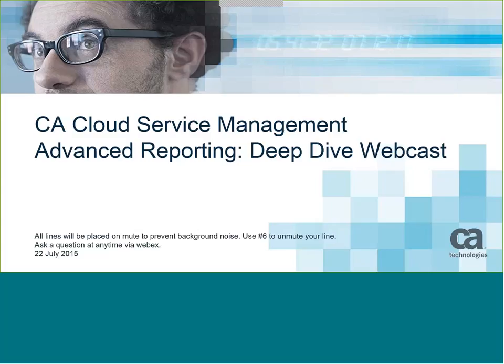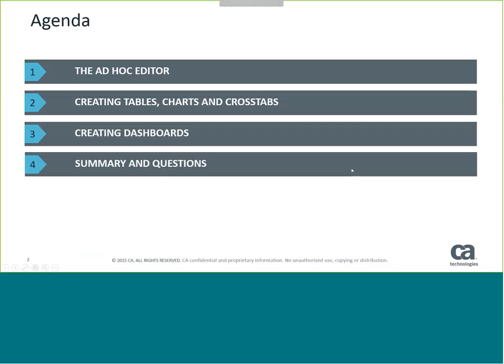Today I'm going to walk you through the Advanced Reporting and Ad Hoc Builder. This is what most of your report users will see and use on a daily basis. We are going to create tables, charts, and crosstabs to finally, by the end of the call, create a dashboard with everything in it.